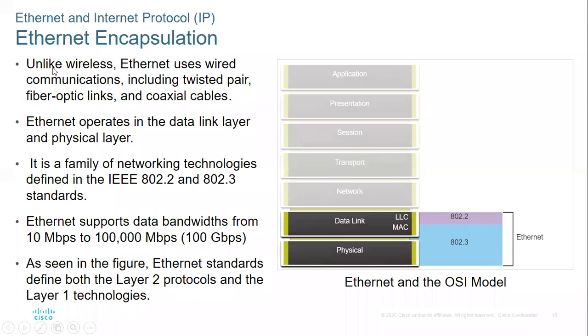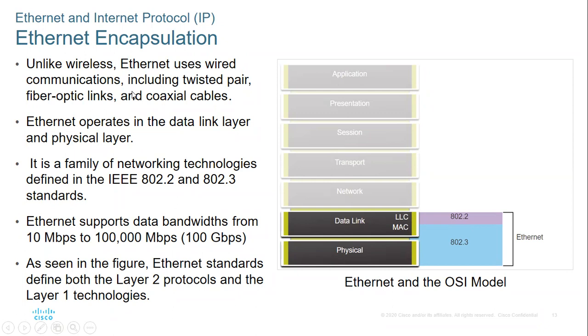So you see here, unlike wireless, which is when we send information via the waves, Ethernet uses wired communication, okay?